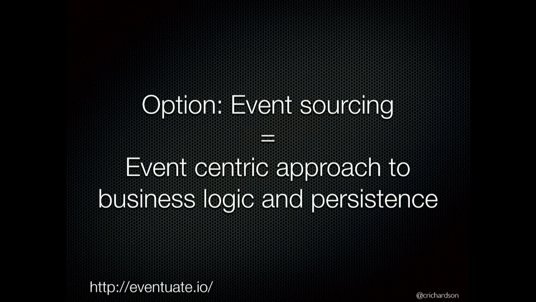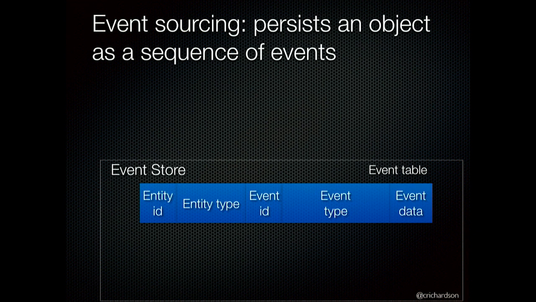So your business logic is written solely to generate events. And then when it comes to persistence, it takes an absolutely fascinating approach. Basically, every one of your business objects, or to be more precise, DDD aggregates, is persisted as a sequence of events. So in other words, there's no order table in your database, there's no customer table.